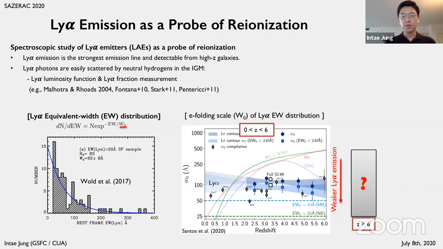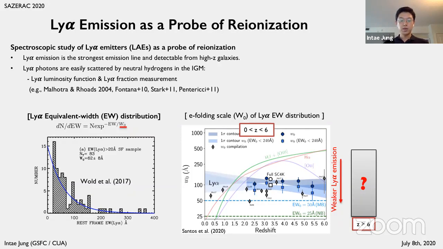The equivalent width distribution has been studied at various redshift ranges, and it's well described with an exponentially decaying functional form, which is shown in the left plot, and that is characterized by its e-folding scale W0. The redshift dependency of the equivalent width distribution, so its e-folding scale, is shown in the right plot from Santos et al. 2020, which displays the compilation of the distribution measurements at redshifts from 0 to 6.